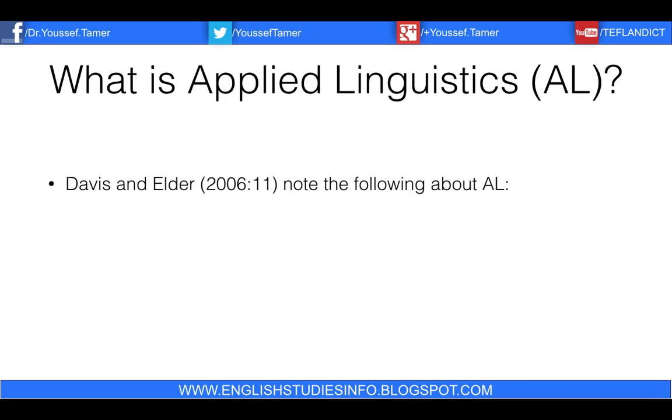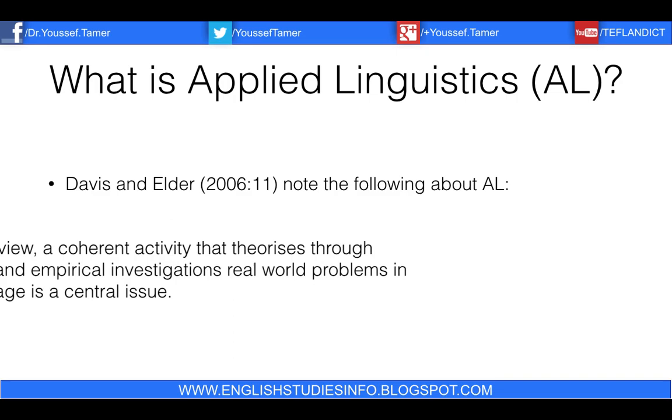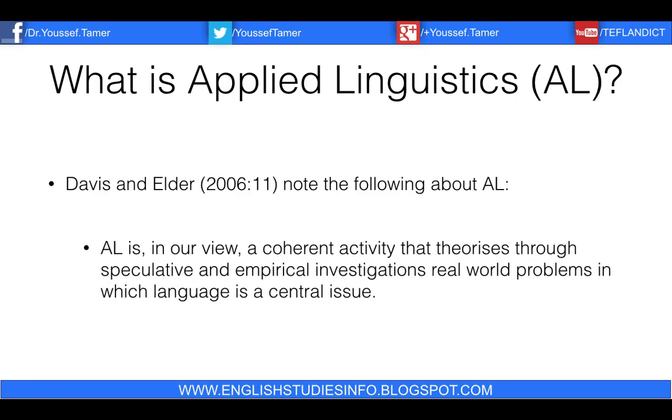Davis and Elder 2006 note the following about applied linguistics. They say, in our view, applied linguistics is a coherent activity that theorizes through speculative and empirical investigations real-world problems in which language is a central issue.